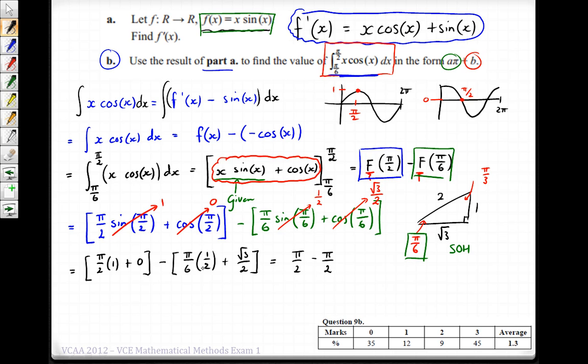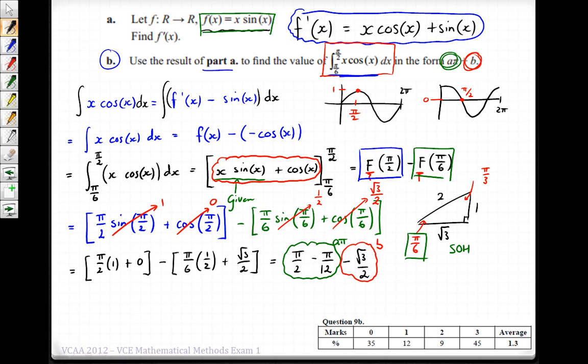When we multiply 6 by 2 on the bottom line, we'll get 12. And then the minus sign comes across and we get minus root 3 on 2. So it's not quite in the form of a pi plus b, so we're going to need to combine these terms together to give our a pi, and we're going to need to leave this as our b term, all the way from up here and here.